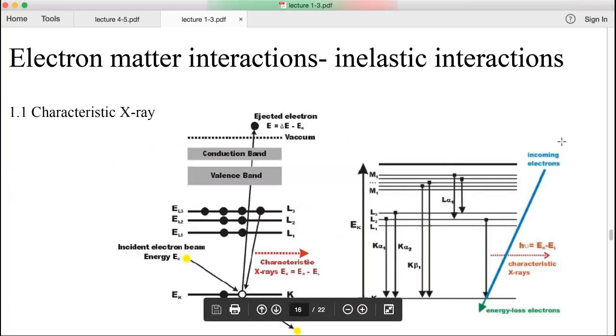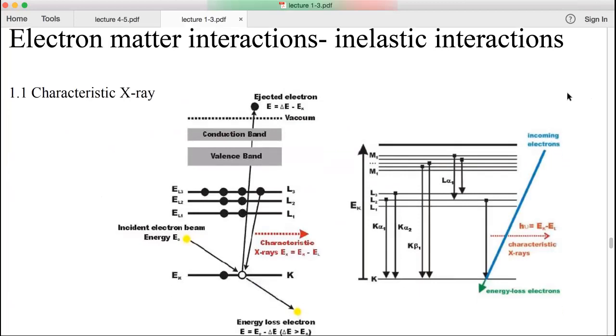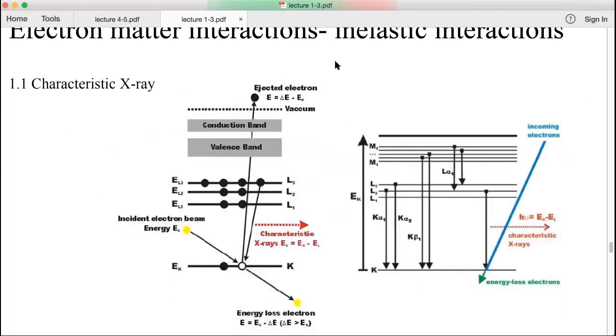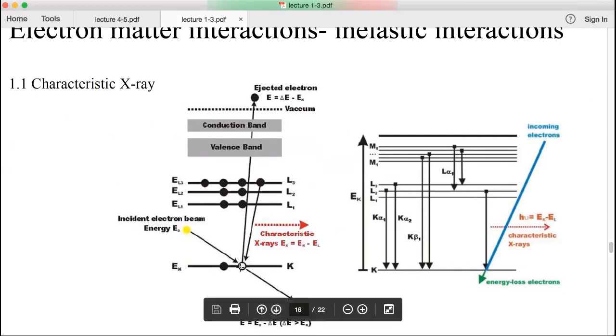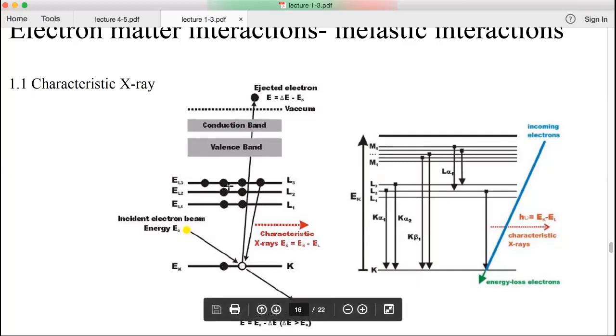Okay, so how are the characteristic X-rays produced? Now imagine you have the incoming electron coming towards the atom, and what happens? It interacts with the element, whose shells are filled because they are in the ground state.